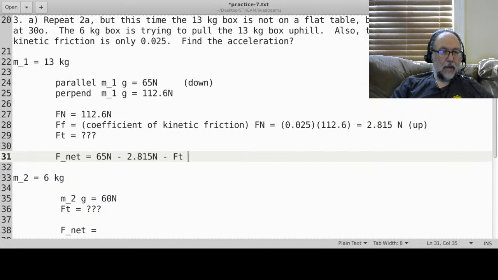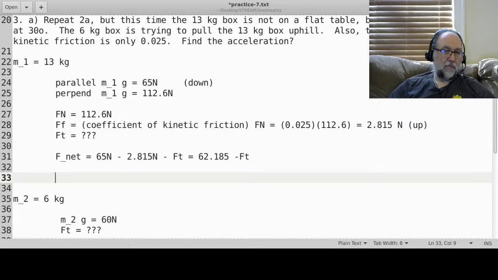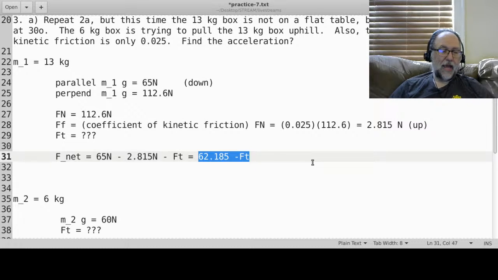Let me just quickly reduce that. So 65 minus that number, minus Ft. Since we don't know Ft, we can't go any further. That is our F net as good as we can get it at this point.